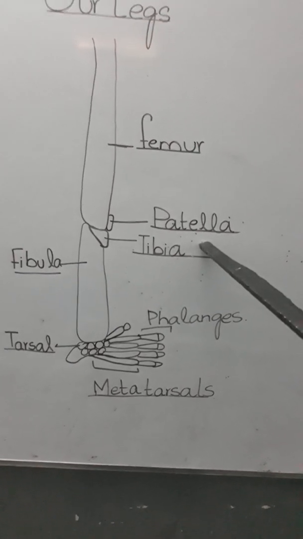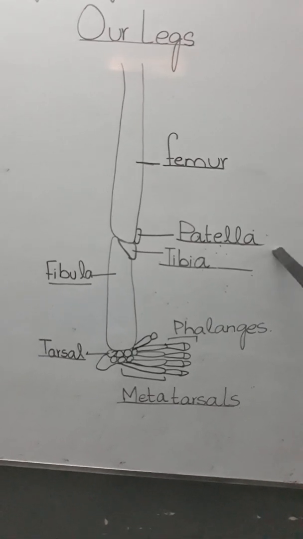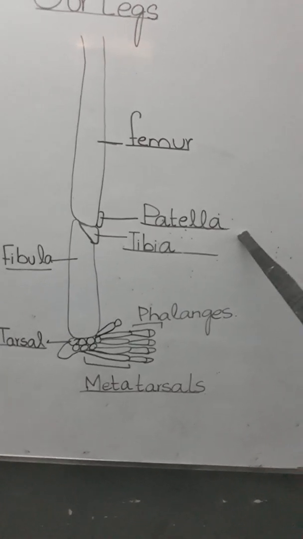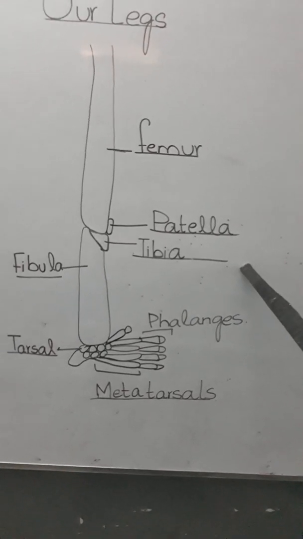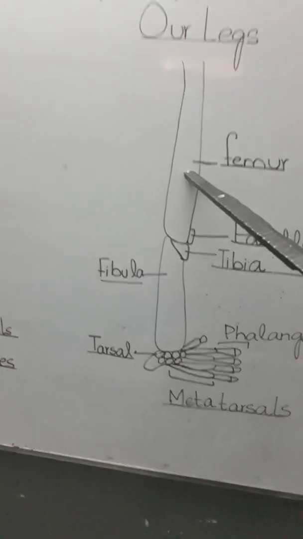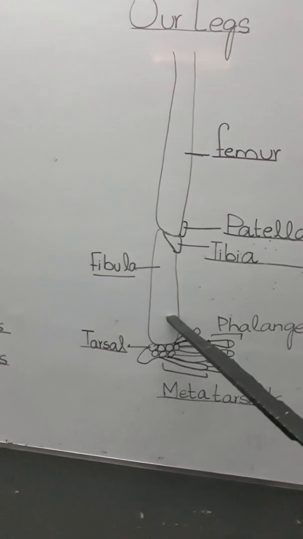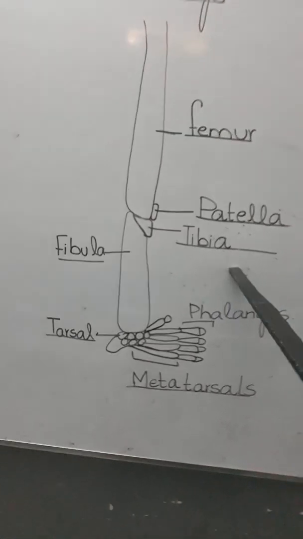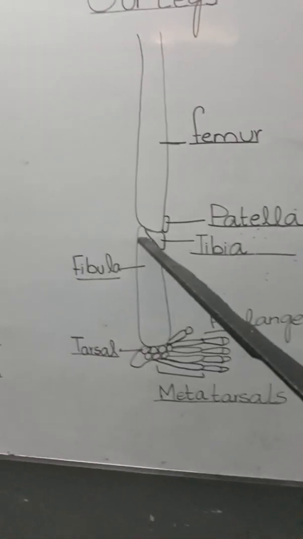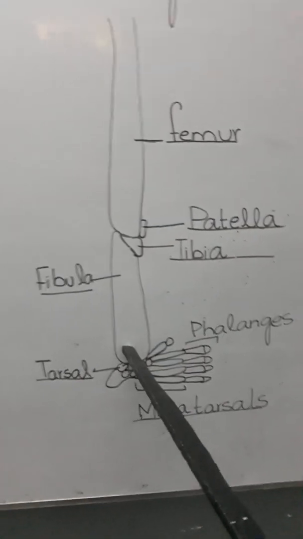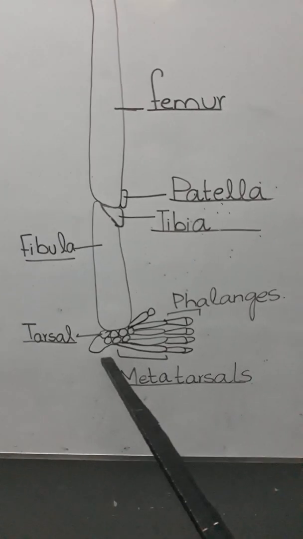on the kneecap a small bone is present called the patella, and underneath the patella a bone which joins together the femur with the lower extremities is called tibia. The bone in our lower leg is called fibula.